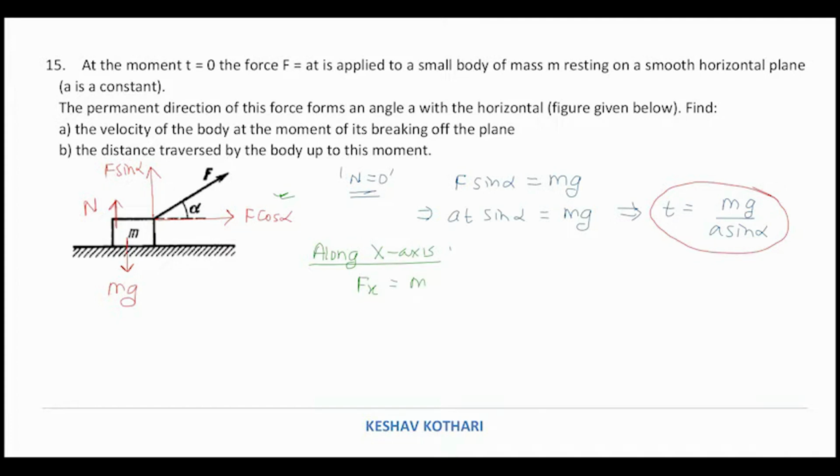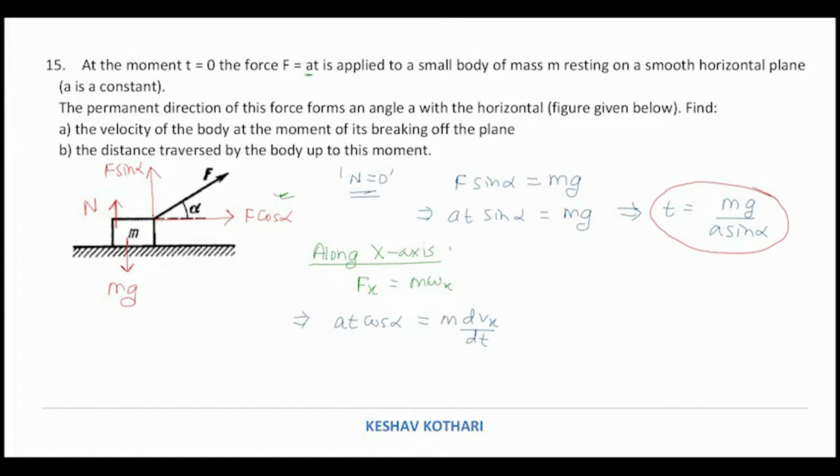Since we already have a term a in the equation, we are using the term wx to represent acceleration along the x-axis. So we can write that the force along the x-axis, which is equal to At cos alpha, is equal to m dv by dt. The acceleration is written as dv by dt.